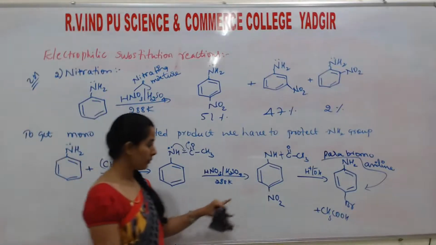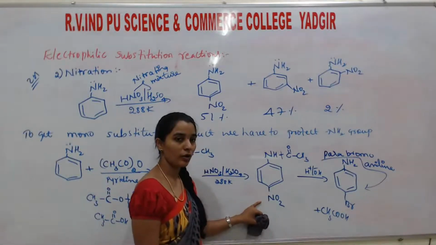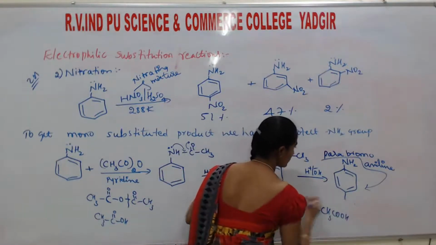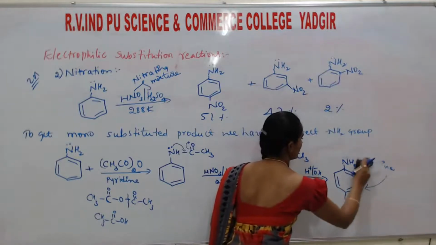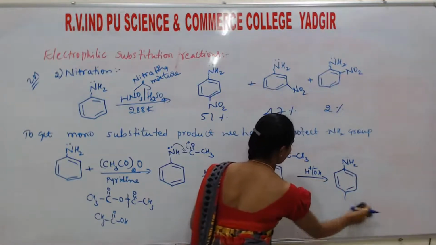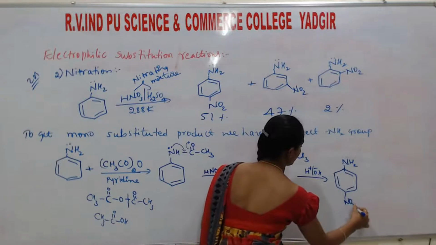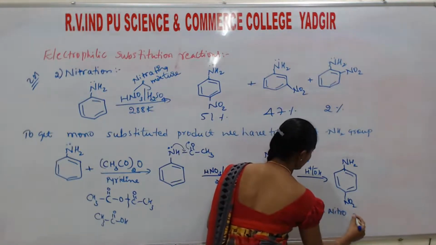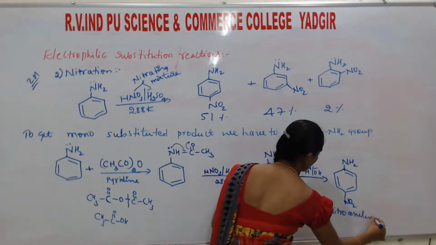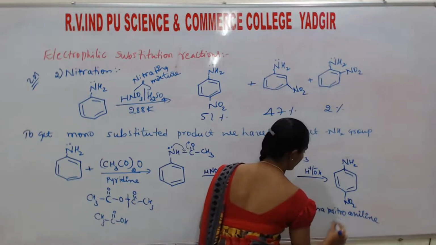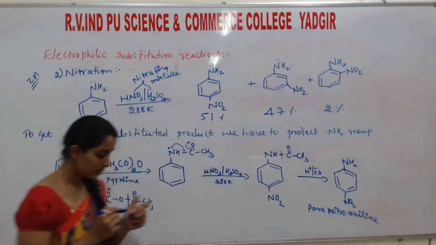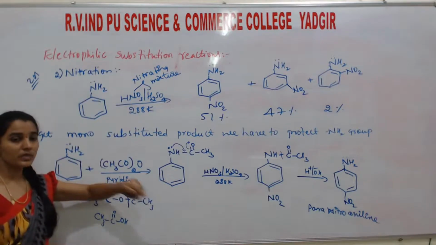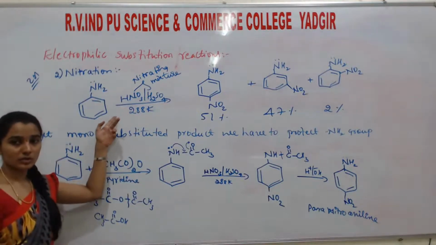That is the para substituted product. Followed by hydrolysis, it gives NO2, that is para nitroaniline. Understand, students? The only difference between bromination and nitration is the reaction mixture.